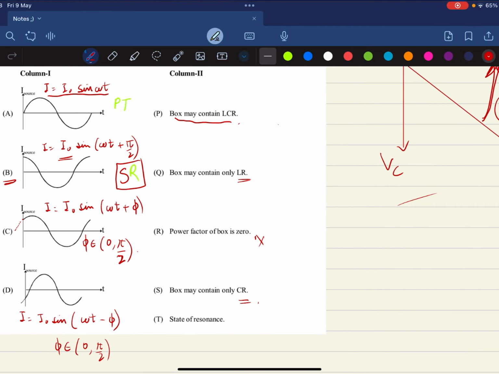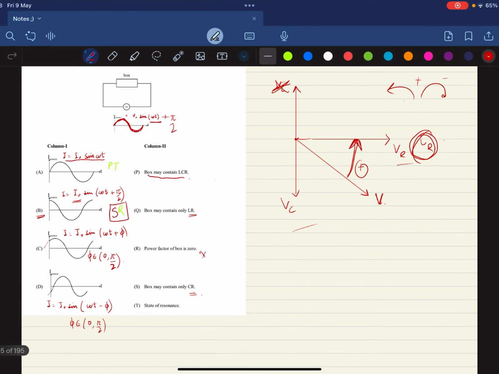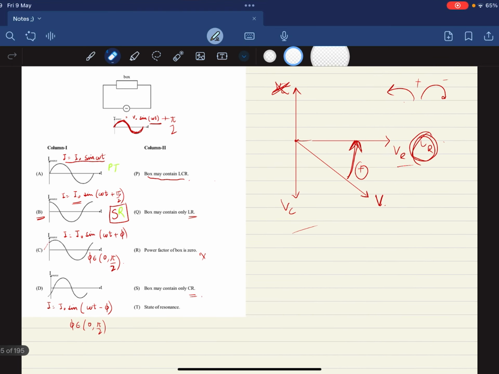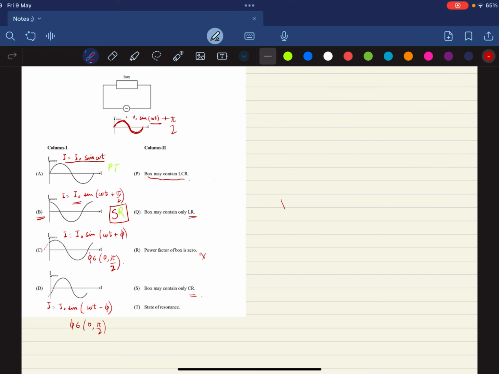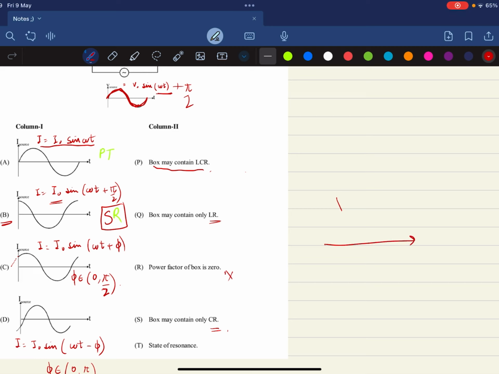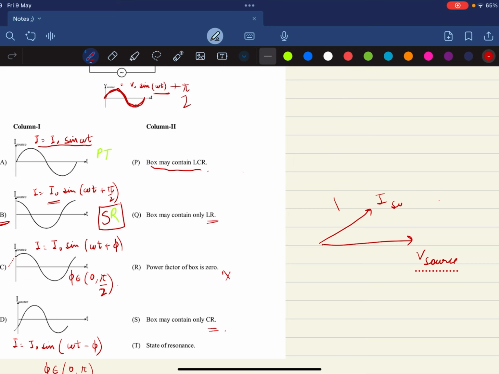Now similarly here, we will not take too much time and do it again in this part. Say this is the V source phasor, and this is the I phasor, I source in C part.